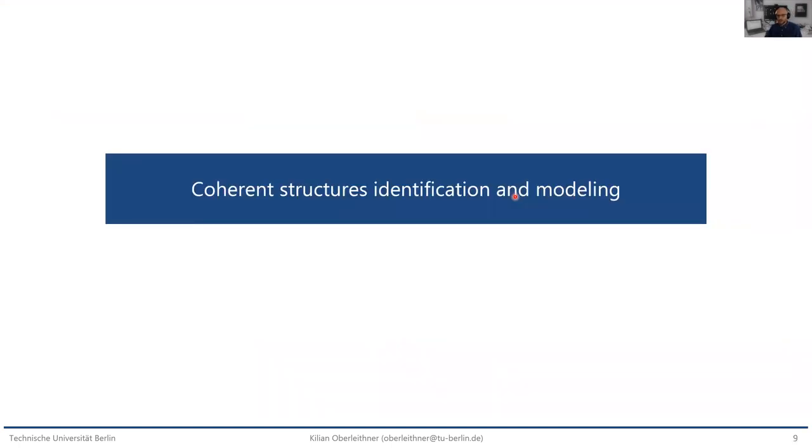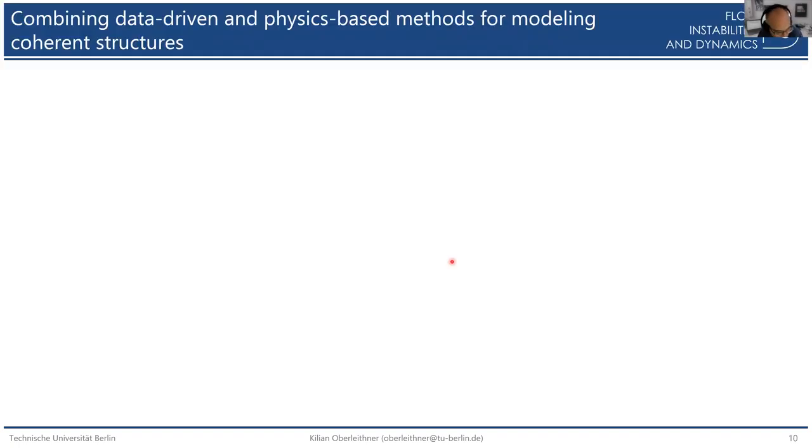Before we come now to the combustion topic, I will briefly introduce you to the methodology that we are using. I will keep this very brief, and there have been other seminar talks already that use similar methodologies and explained this quite in detail. So basically we're combining a data-driven and a physics-based approach here.